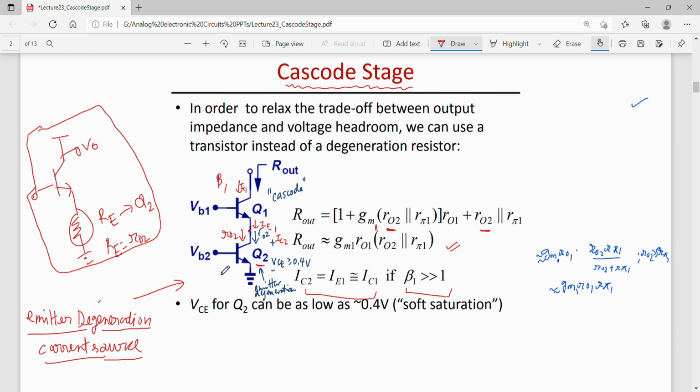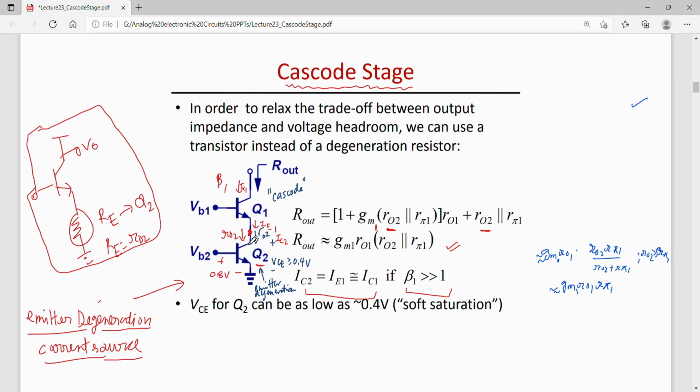Now if you assume that VBE of Q2 is 0.8 volts, then this node potential, the collector of Q2, let us say VC2, can go as low as 0.4 volts.